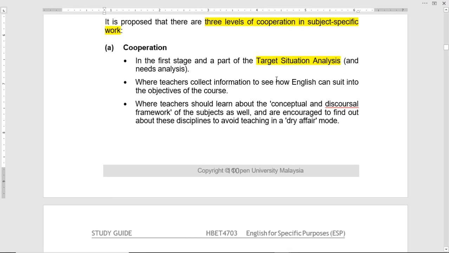First, we have to do the target situation analysis or needs analysis. What are the needs of the students? So the teacher has to collect the information, and then such needs should suit the objectives of the course.